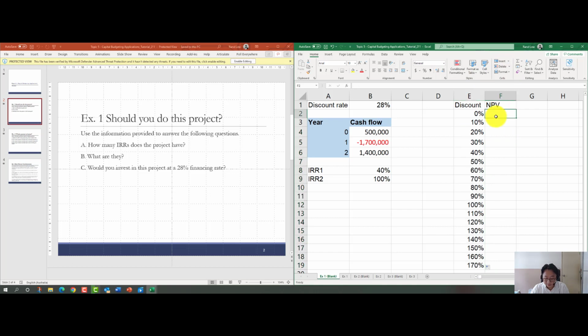Okay, and we go equals to NPV of, okay, it's going to be equals to NPV, right, times the rate, and these are the cash flows, right, and minus, plus 500,000.